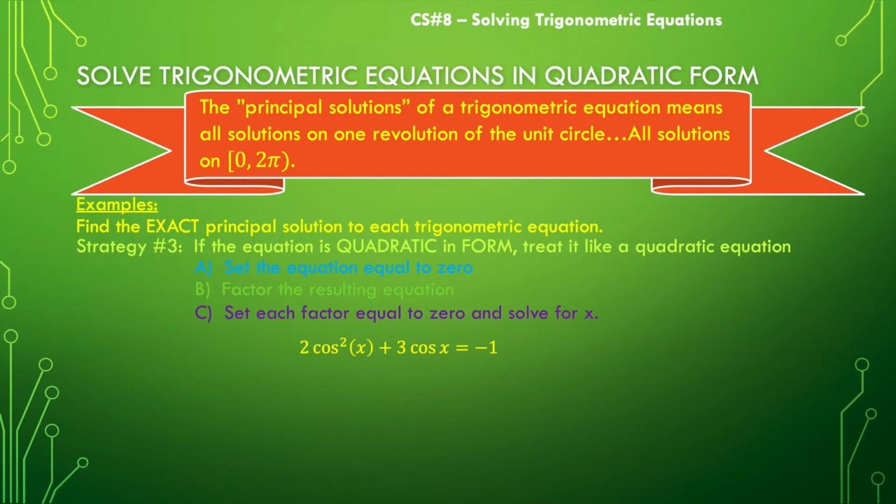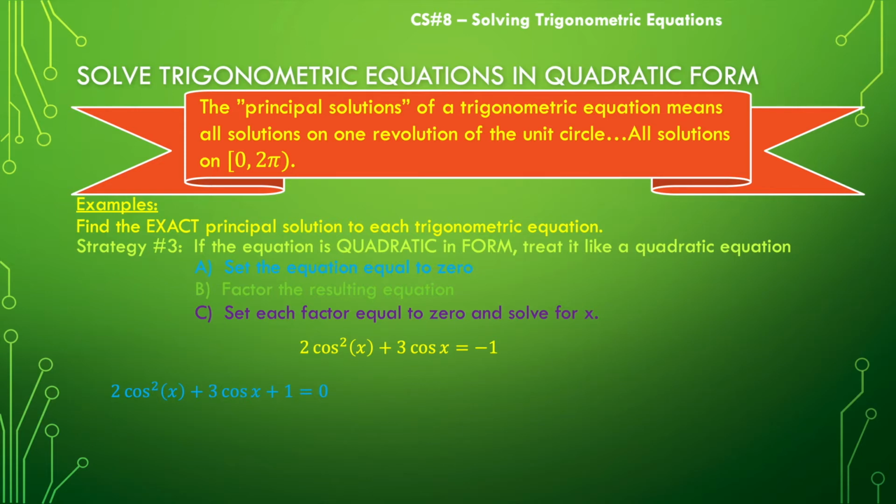So first, let's set this equal to 0. Let's move that -1 to the left-hand side of the equation, and then we can say 2 cosine squared of x plus 3 cosine of x plus 1 is equal to 0. Now, we see that it's quadratic, but maybe it's harder to see it as a quadratic equation.